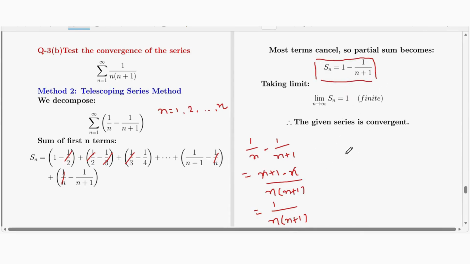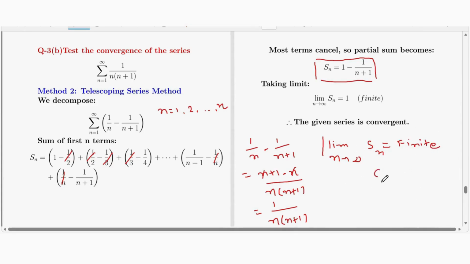Now what is the condition for this? How to check the convergence using Sn? So if limit n tends to infinity, Sn is equal to some finite number, then what we conclude?